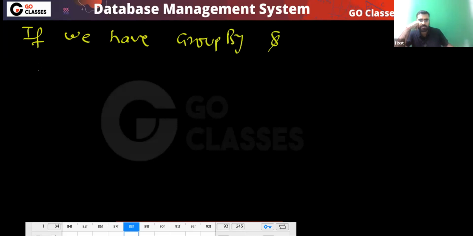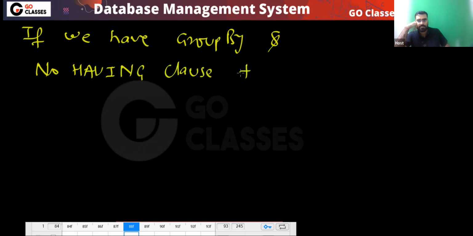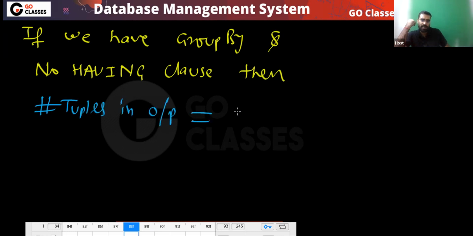If we have group by and no having clause, then the number of tuples in the output will be equal to the number of groups.